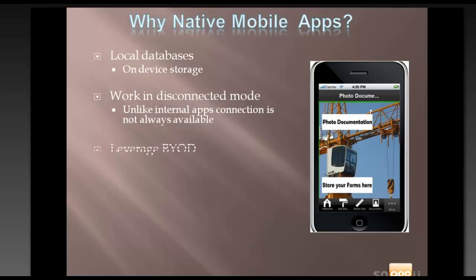to devices. Another really important reason is in terms of leveraging bring your own device, which is pretty much universally now getting accepted in many corporations. You're building apps that look like native apps because they are native apps.